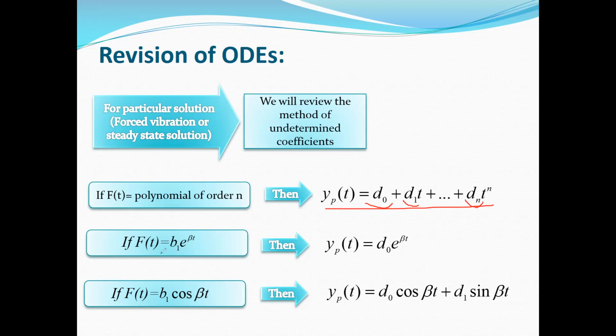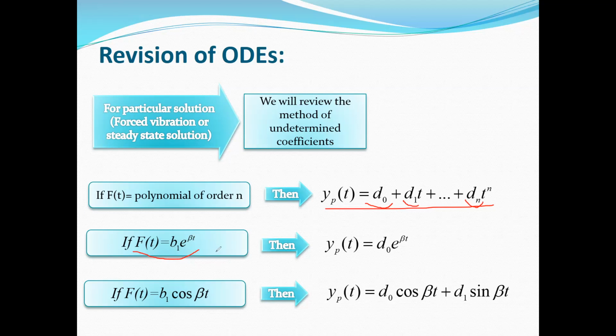The second case, assume that we have a non-homogeneous term in exponential form. For example, it is b1 exponential beta t, where b1 and beta are known for us. This is the given data in your equation.